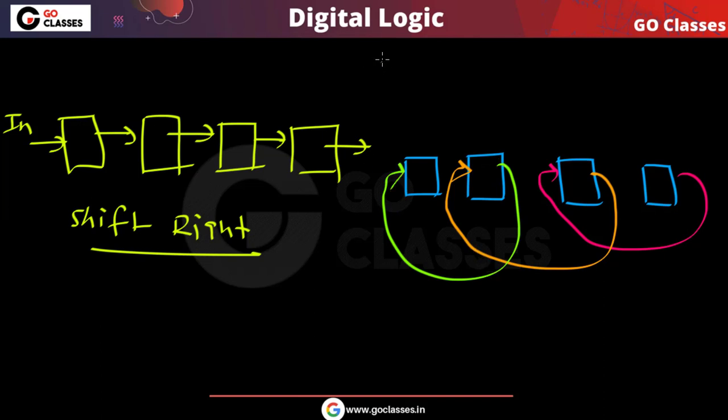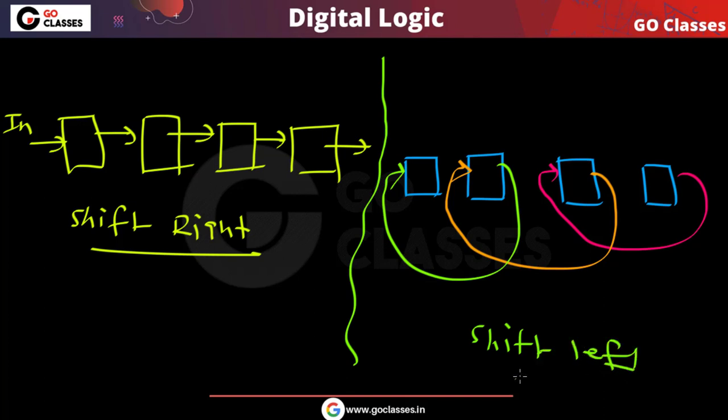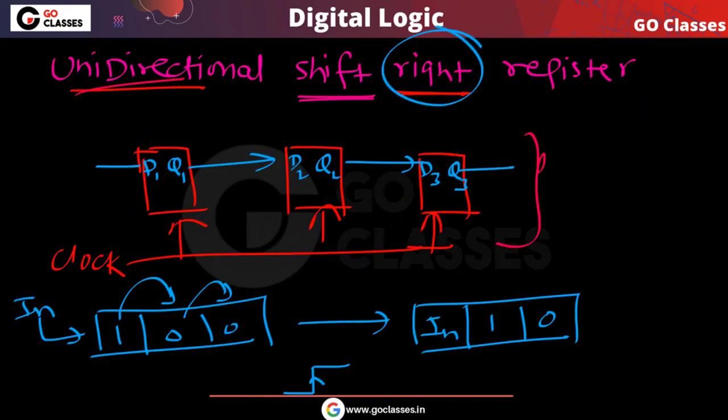This will give you shift left. And the new input that you want to insert, you can insert in the rightmost. So this is the idea. I hope the idea is clear to everyone.